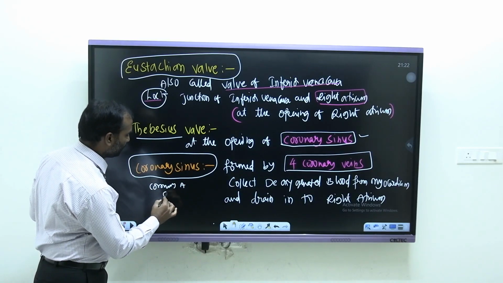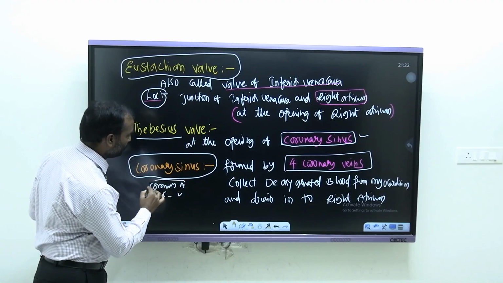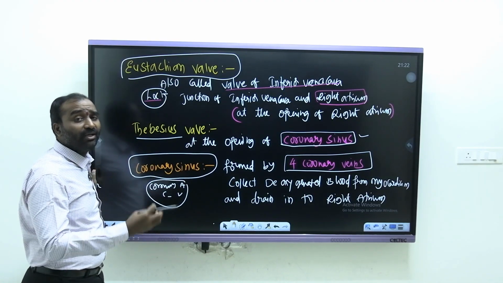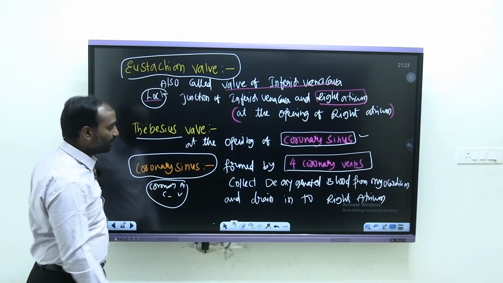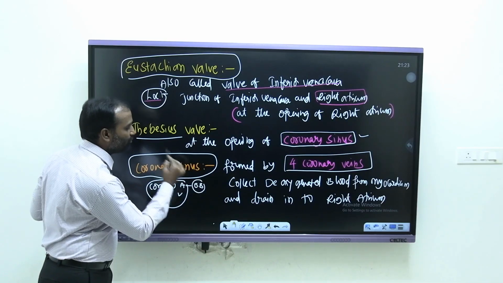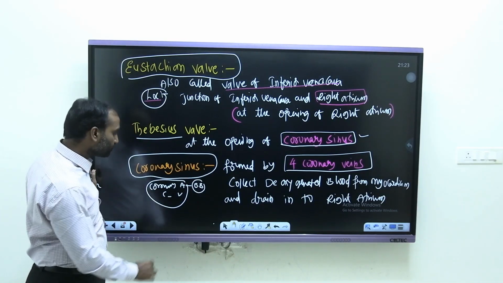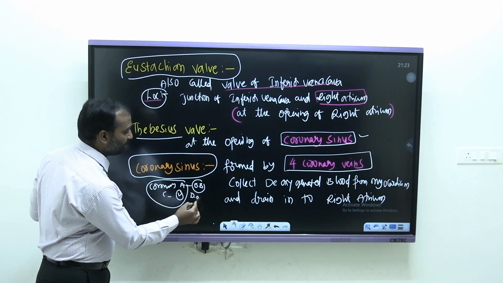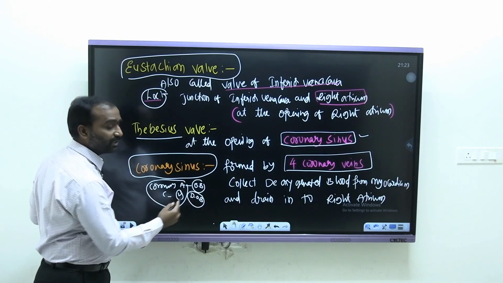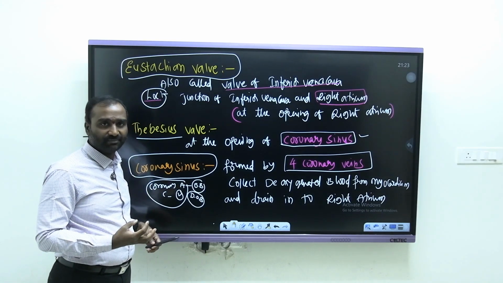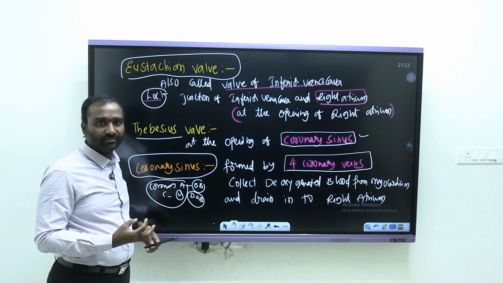then coronary vein. So these are the coronary vessels which are associated with the wall of the heart. Coronary artery supplies oxygenated blood to the walls of the heart. Then coronary vein collects the deoxygenated blood from the heart, because the heart also is an organ which always goes on functioning. Got it?